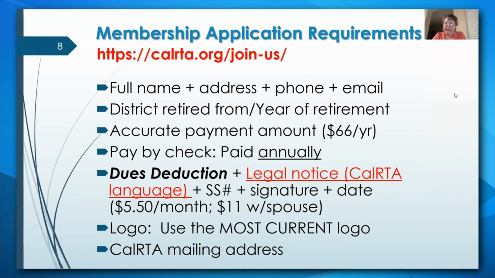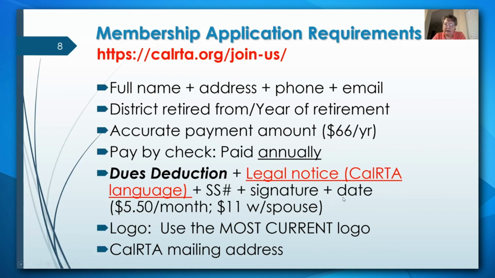Okay, the legal notice is important because it's contract language between CalRTA and CalSTRS, and every single word of it needs to be there. Then, of course, all the information above, name, address, retired from, etc., plus Social Security number, signature, and date.